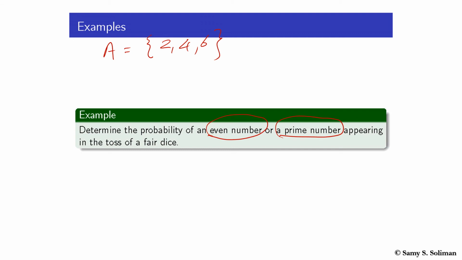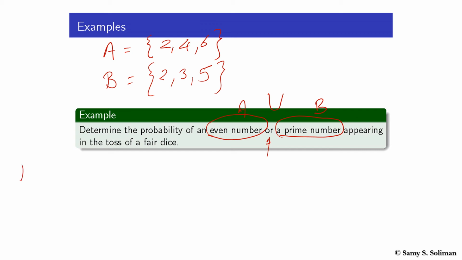Back to the second event. Event B is the event of having a prime number. So these are 2, 3, 4 is not a prime number, 5, 6 is not a prime number. And we want to determine the probability of an even number, so that's event A, or event B. Again, as we said before, or is equivalent to the union, so we want to calculate the probability of A union B. There are two ways to solve such a problem.